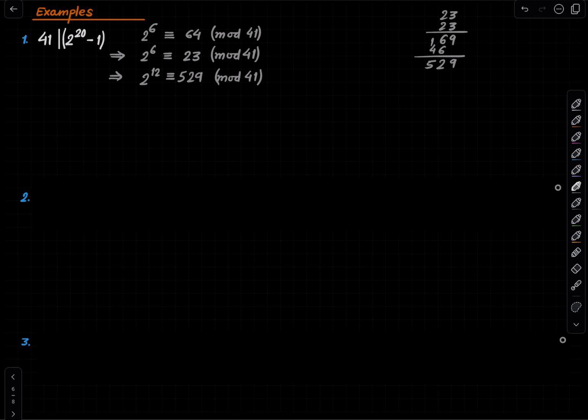But 529 can be replaced by a smaller number, because 529 will be congruent to whatever is the remainder of 529 when you divide it by 41. So let's divide 529 by 41. And this, I think, will go 12 times. So here we can write 37. So 2 to the power 12 is congruent to 37 modulo 41.